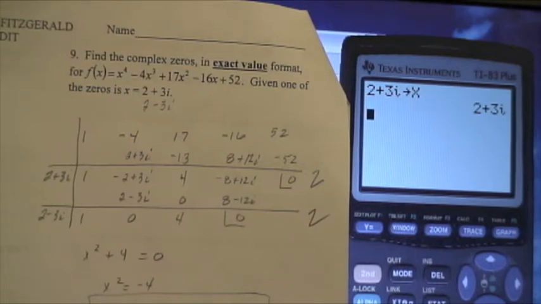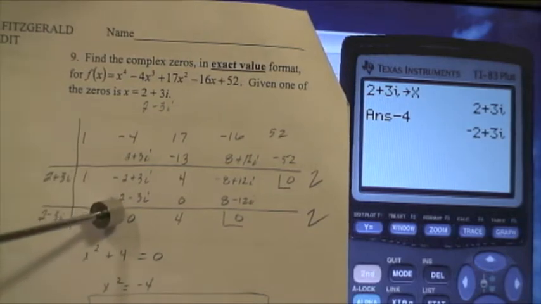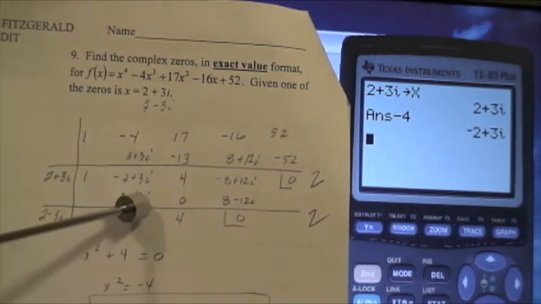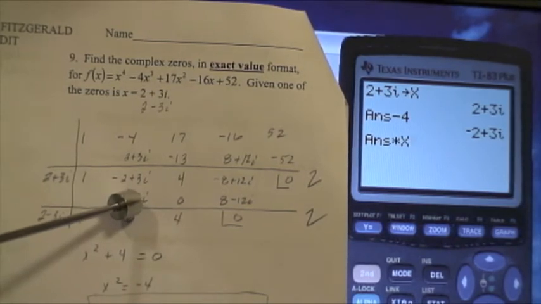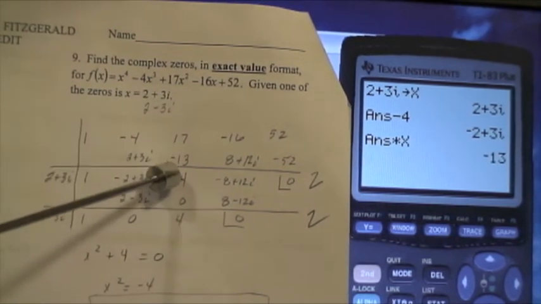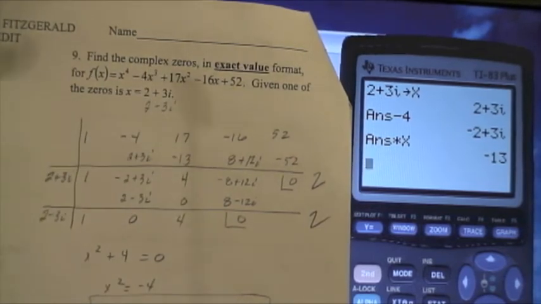So over here to the right you can see I got 2 plus 3i still here as my x. We bring down the 1. We multiply, and that's 2 plus 3i. So we're going to go minus 4. That's negative 2 plus 3i. Multiply that by x. That's going to be my negative 13. Move that up underneath the 17.